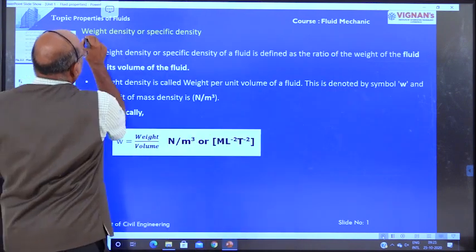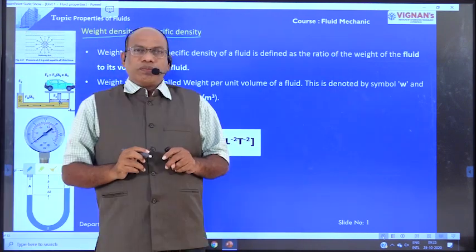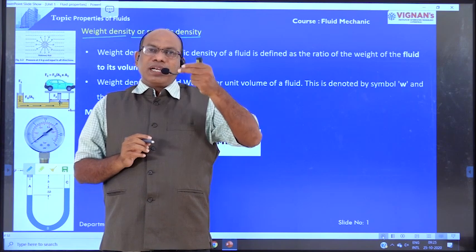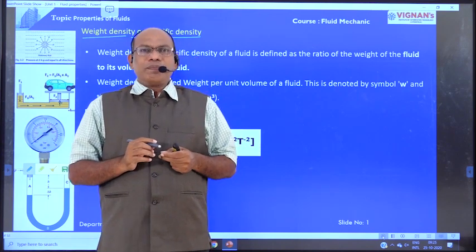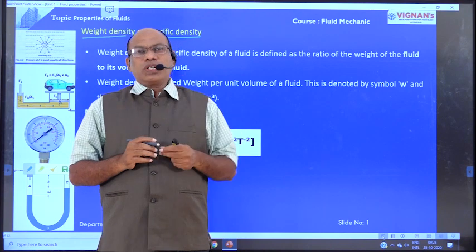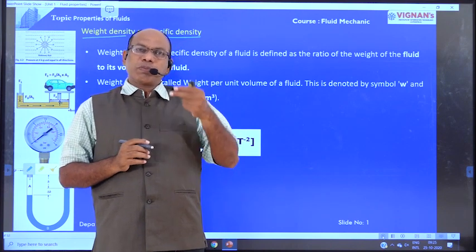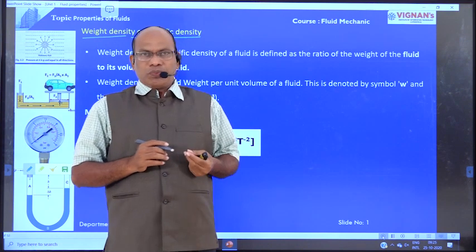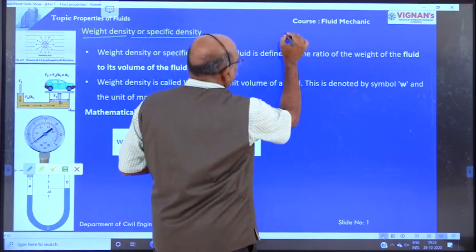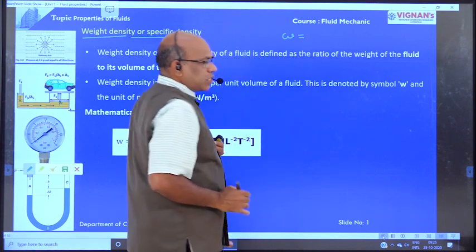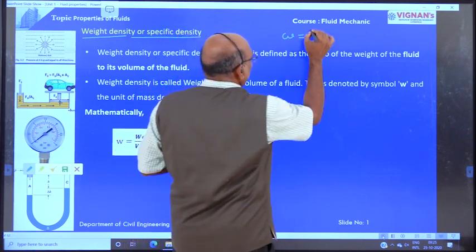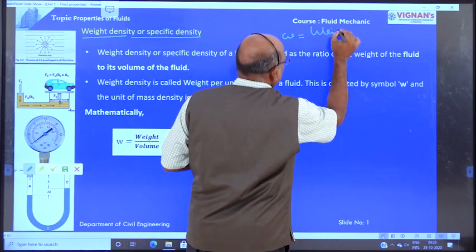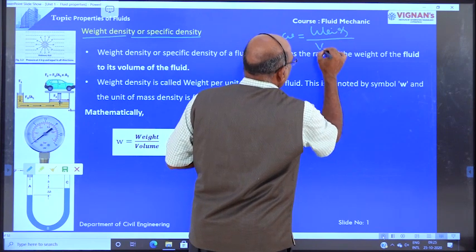Next, weight density or specific weight. Weight density is defined as the weight per unit volume. It is denoted by small w. Weight density is equal to weight per unit volume.